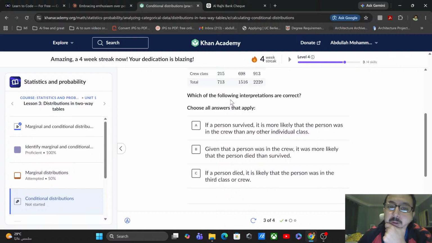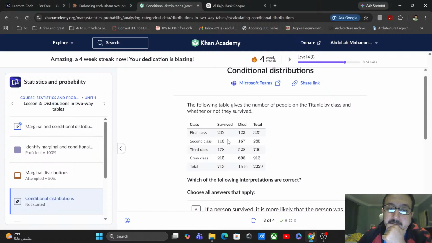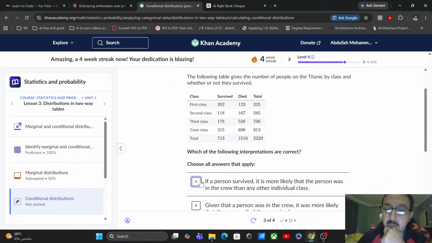Which of the following interpretations are correct? The person survived. It's more likely that the person was in the crew than any other individual class. Crew survived. Correct.